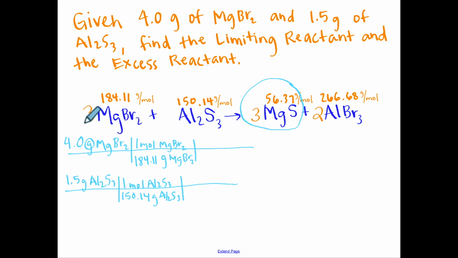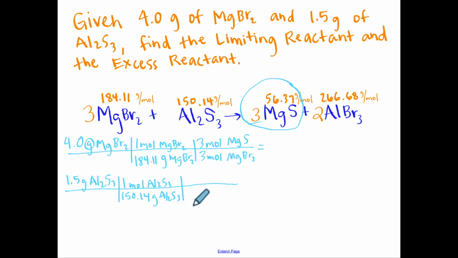I'm going to use my mole ratio. So down here, I'm going to put 3 moles of MgBr2 because that's what's in the equation. And then up here, I'm going to put 3 moles of MgS because that's what's in the equation for magnesium sulfide.